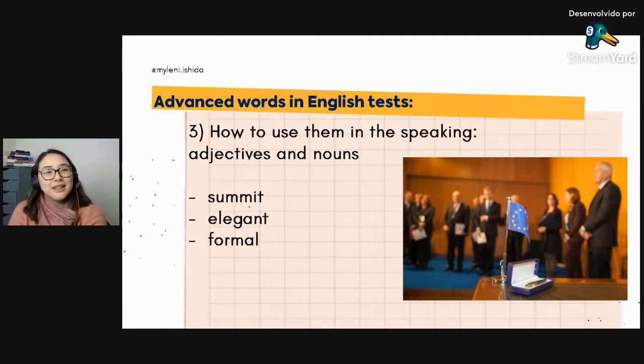O que que isso tem a ver com essa foto, right? Take a look. Summit is o pico da montanha, the top of the mountain. But summit also means, like we said at the beginning of the class, a formal meeting. Okay? It could be a conference. That's why I put this word here. Okay?